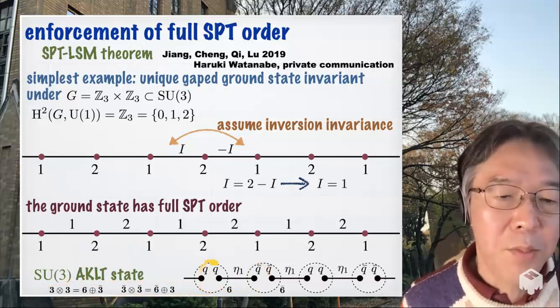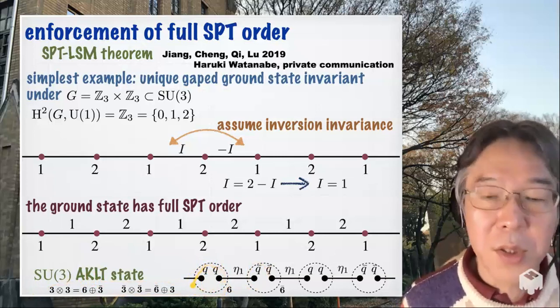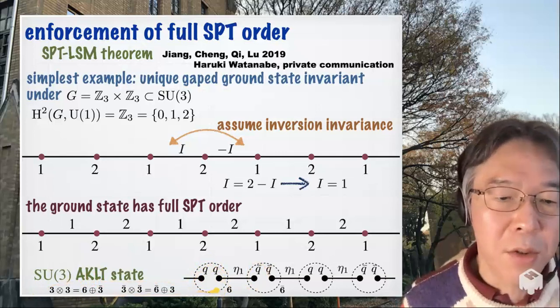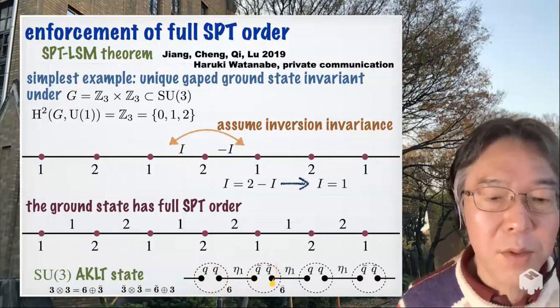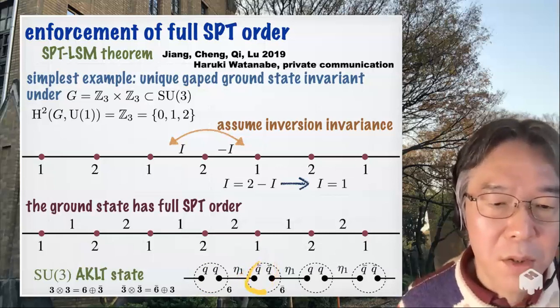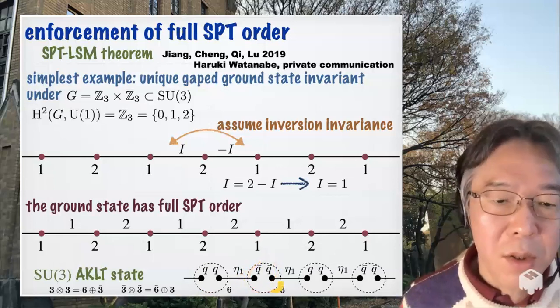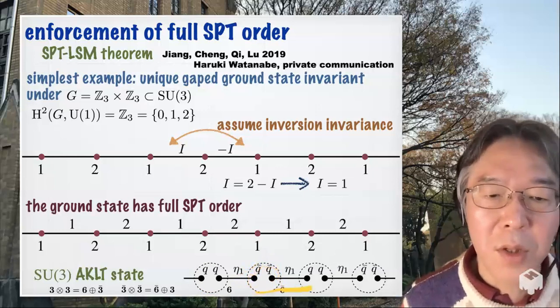And here we project these two Qs to the symmetric sector, to the six-dimensional representation. And here we project these two states to the conjugate six-dimensional representation and so on.